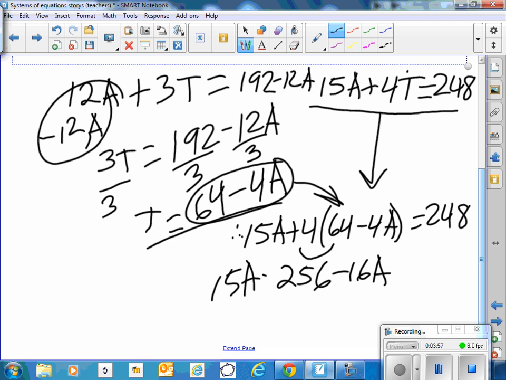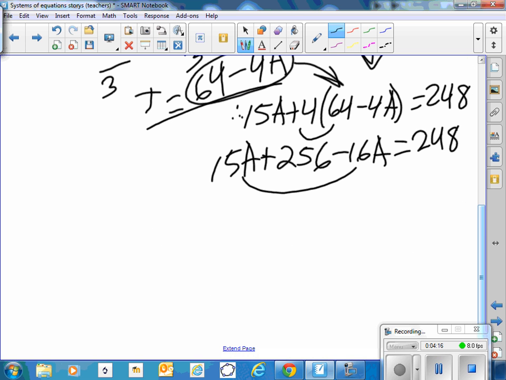So 15 of whatever an assignment is worth plus 256 points minus 16 of whatever an assignment is worth equals 248 points total. Combine like terms. 15 minus 16 is negative 1 of whatever an assignment is worth.